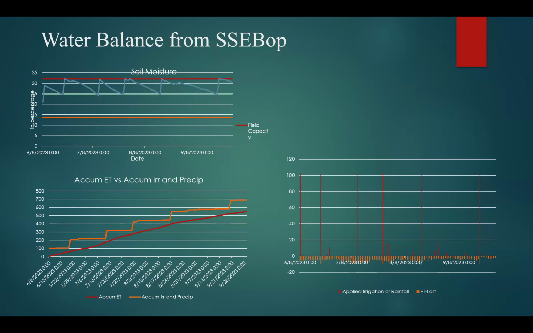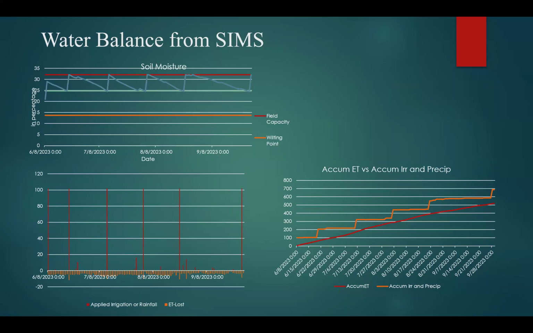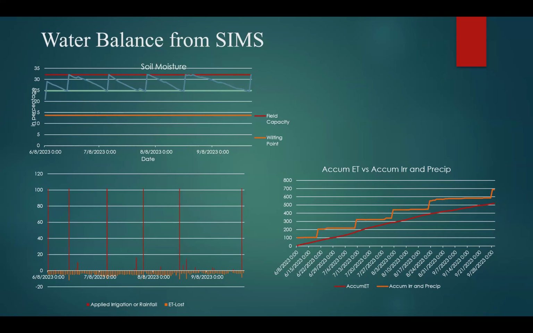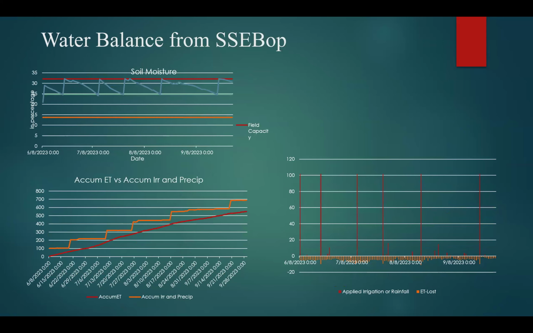I also used SSEBop, another model from OpenET, and the figure also looks quite different. And I also used the SIMS model, another model of OpenET. What's more differentiating is the accumulated irrigation and precipitation, the orange one.